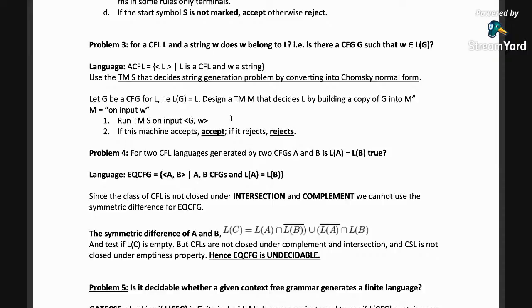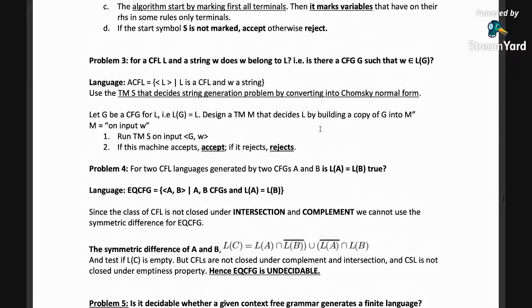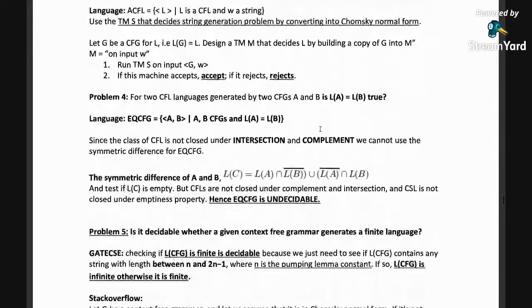If the machine accepts, it will halt in the final state. If it rejects, it will halt in the non-final state. So in both cases, we are able to tell clearly. So it is a decidable problem.